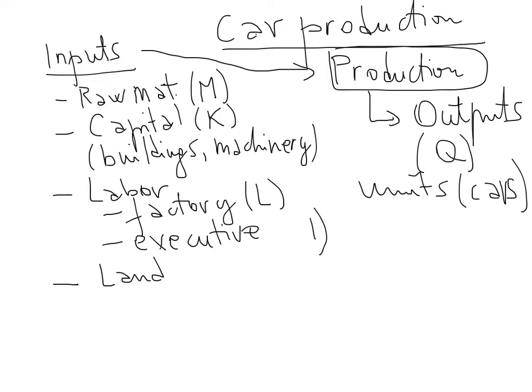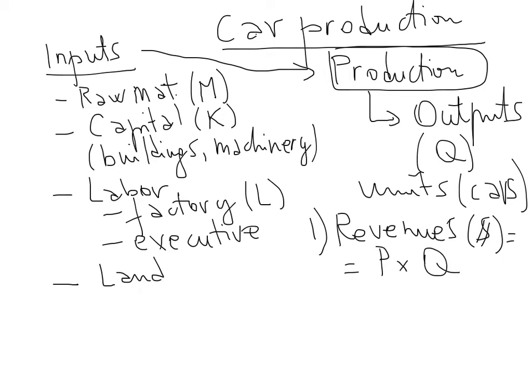Revenues or sales in dollars are defined as the price of the product times quantity or units. Q is the units produced, how many cars we produce, times P. P is the price per unit in dollars.